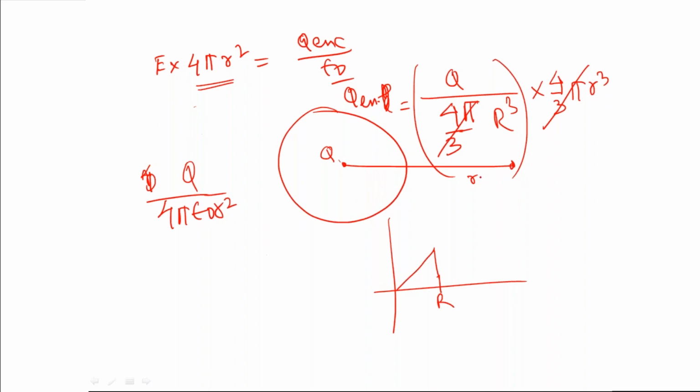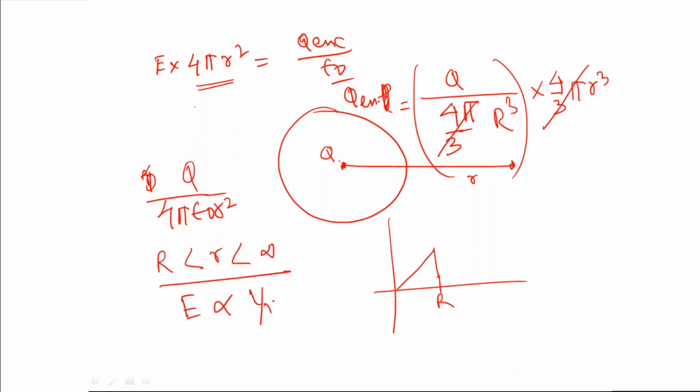So your electric field outside, up to infinity, will be proportional to 1 by r square. Understand? If I draw the electric field against the distance r, up to the radius, up to the surface, the electric field is proportional to r.